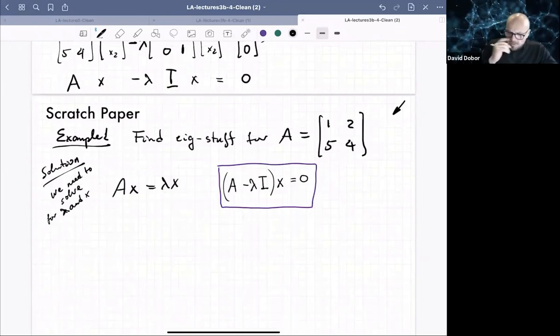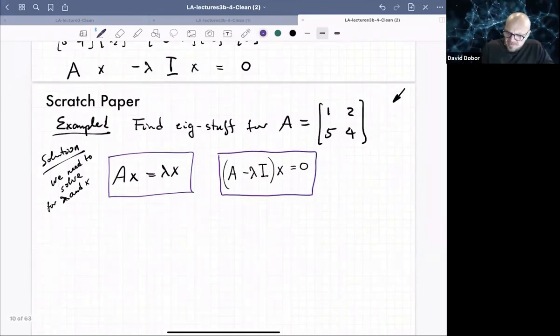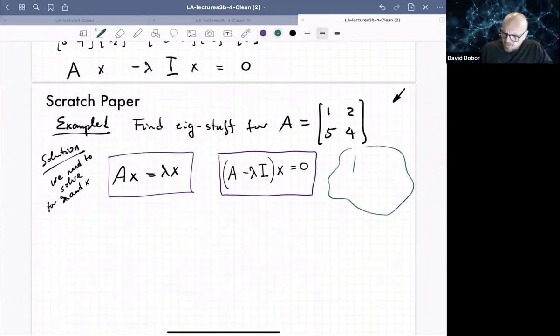The key to solving it is to write it down as this equation. And here's why this is helpful. Now we're going to rely on all the homework that we did. What does it mean to solve some matrix M times x equals 0?